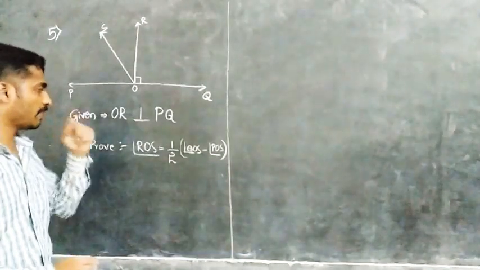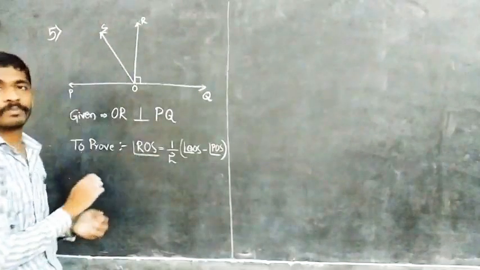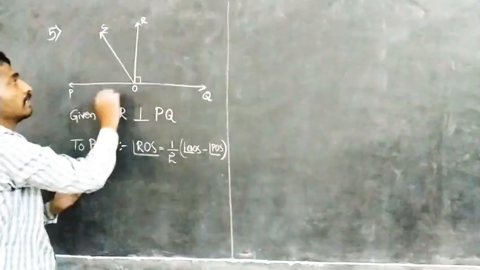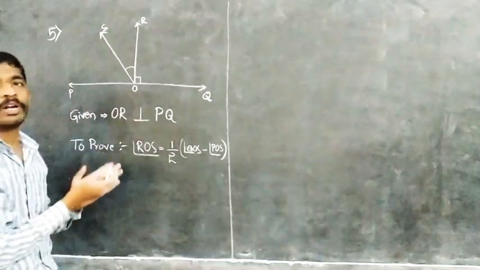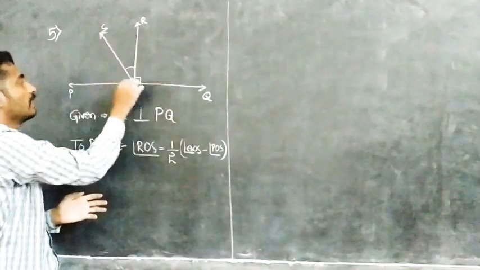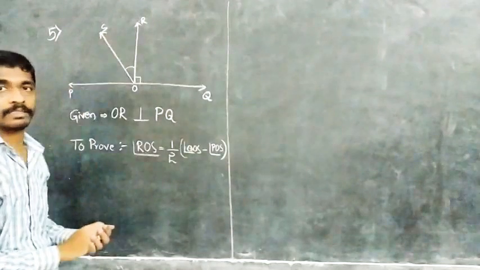Okay, so let's take from the figure ROS. Just see at the left side, ROS. So if you want ROS, what do you have to do? ROP minus SOP, or else POS.